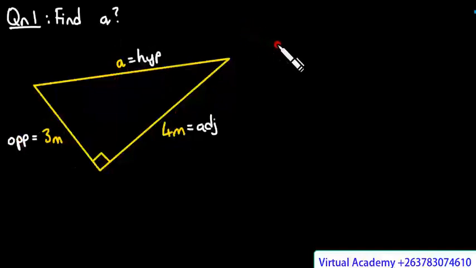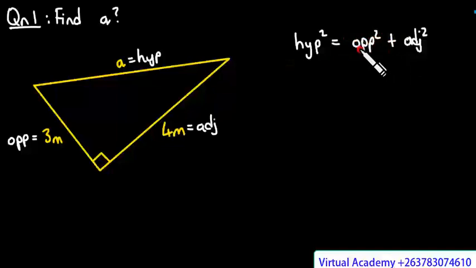So I need to find the hypotenuse, but I'm given opposite and adjacent. So we write our Pythagoras theorem. Our Pythagoras theorem simply states that the hypotenuse squared is equal to the square of the opposite plus the square of the adjacent. After doing that, we then substitute our information in the formula. So for hypotenuse is A, I will have A squared is equals to, then the opposite is 3, so 3 squared, plus the adjacent 4, so 4 squared.